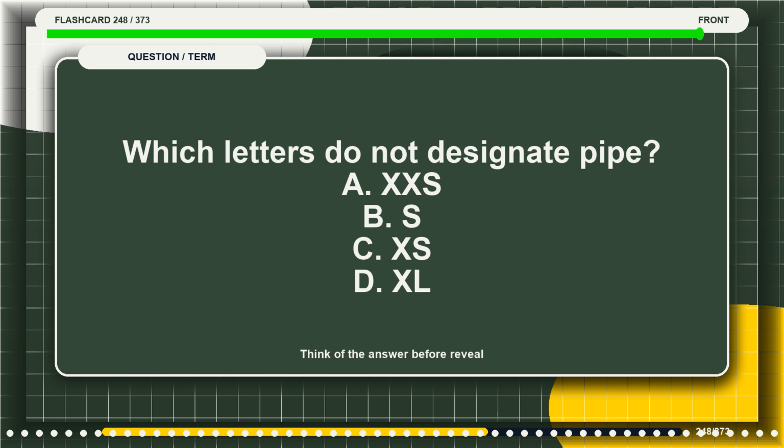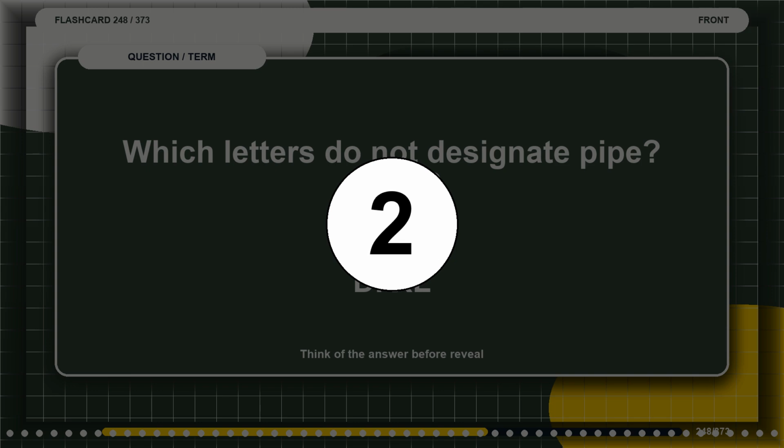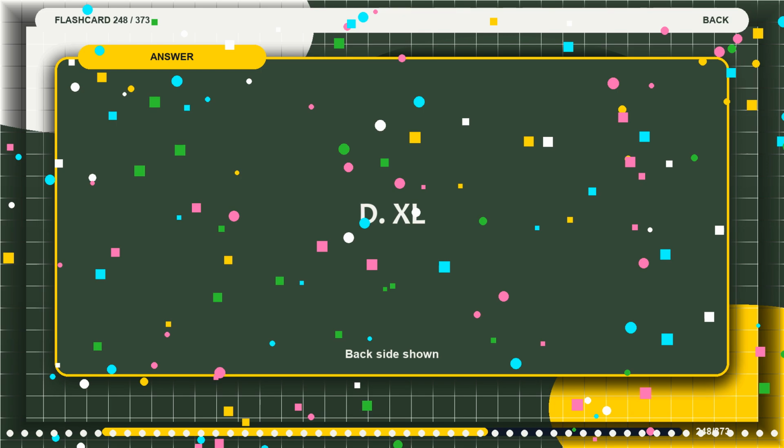Flashcard 248. Which letters do not designate pipe? A. XXSB, B. SC, C. XSD, D. XL. Think of the answer before the reveal. The answer is D. XL.